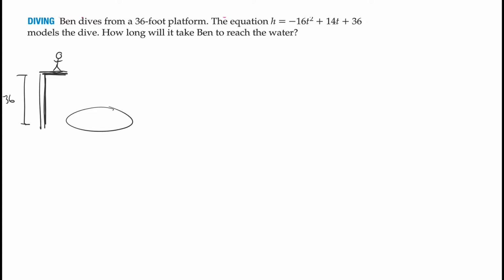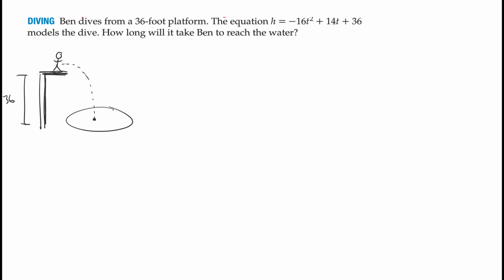And they're saying that equation, which is h is standing for height and t is standing for time, as he jumps off his height, you can find his specific height at a specific time by plugging in some value for t. So I could plug in t equal to 5, plug that into the function, and give me h is equal to some height.